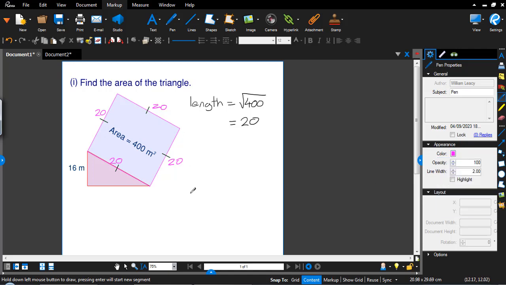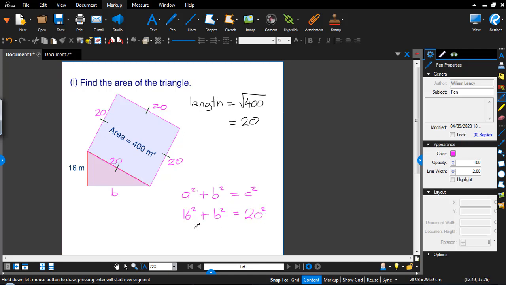So all we have to do is a squared plus b squared equals c squared. So we know, call the small side a, 16 squared plus, well, we don't know what this is, so let's just call it b, plus b squared equals, c is the hypotenuse, so it's 20, 20 squared.